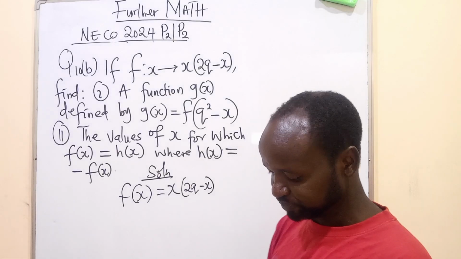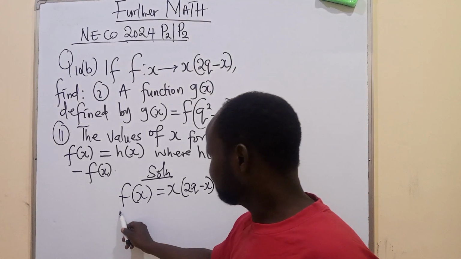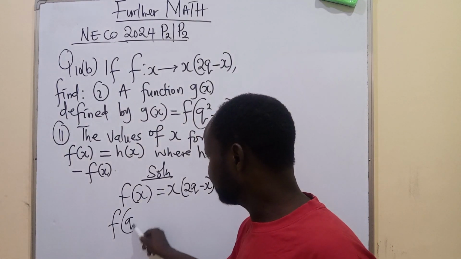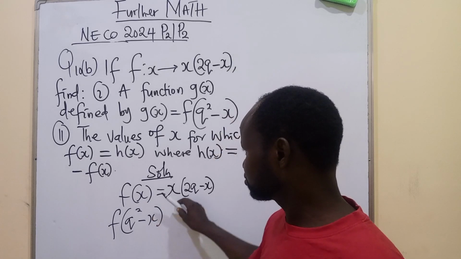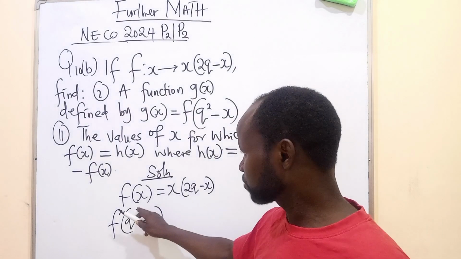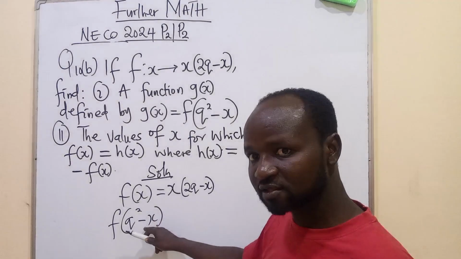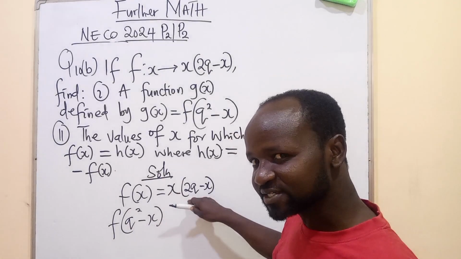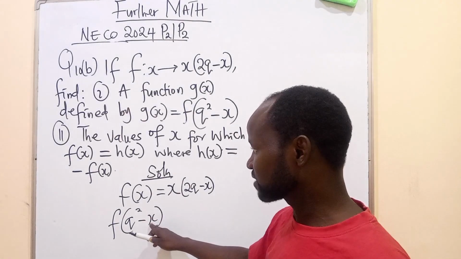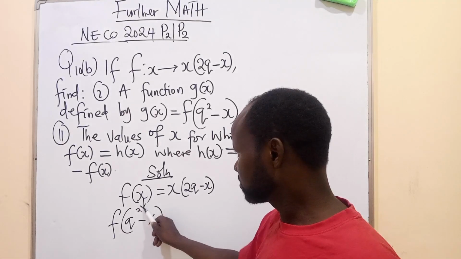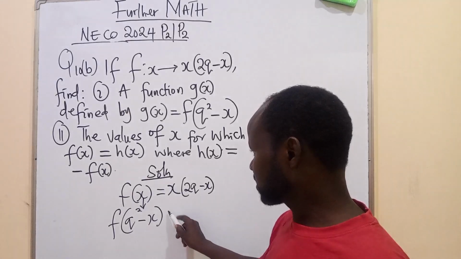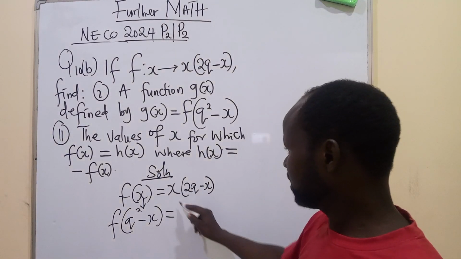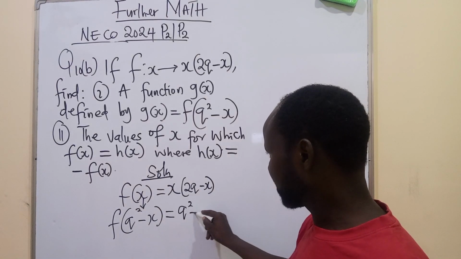So f of q² − x will be equal to, by comparing, we are substituting x for q² − x. Anywhere we see x on the right hand side, we put q² − x.